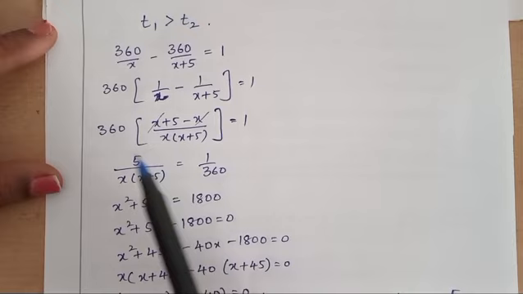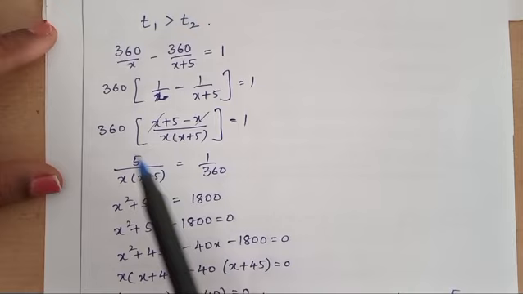Hence 400 by x minus 400 by (x plus 5) is equal to 4. Let me take 400 as common. I get 1 by x minus 1 by (x plus 5) is equal to 4 by 400. I get (x plus 5 minus x) by x into (x plus 5) is equal to 4 by 400. Hence, the quadratic equation we get is x square plus 5x minus 500 is equal to 0.